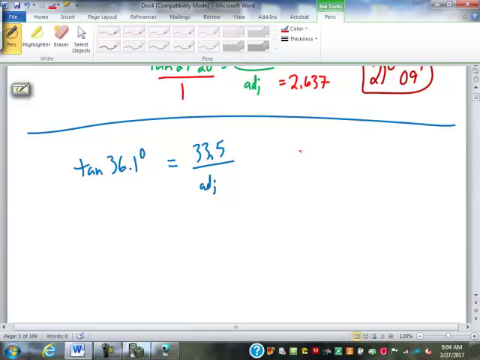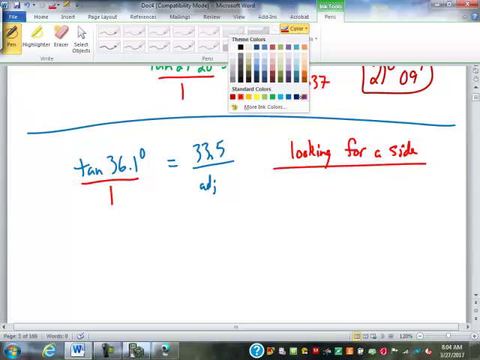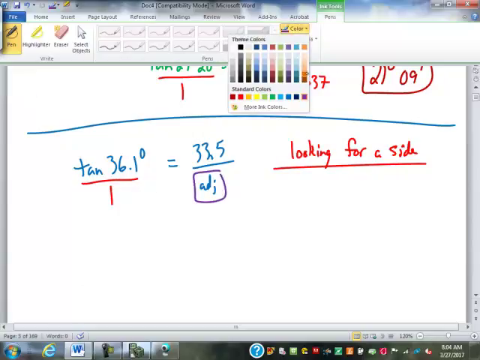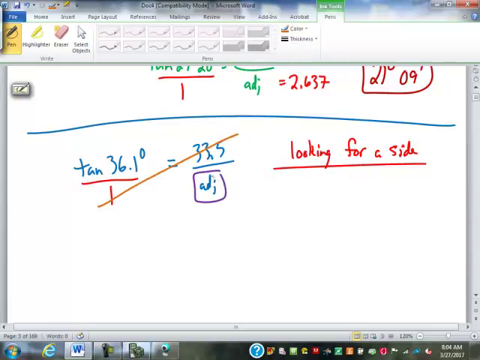Whenever you're looking for a side, the easiest way to solve these is to make it a proportion. So you put this trig function over 1, then you cross multiply. So here's my missing number. So this is the diagonal. So I multiply the 1 times 33.5, and I divide by the tangent.